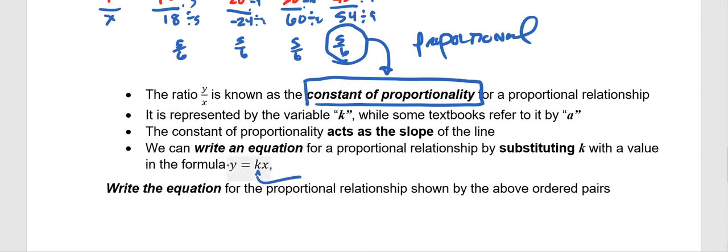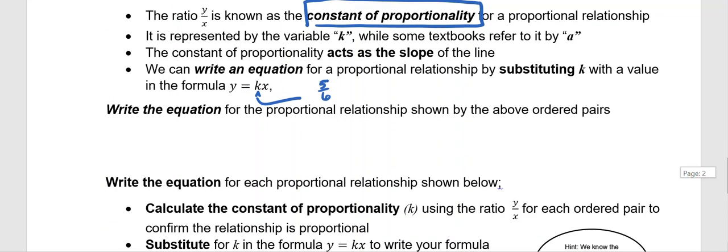So the equation for proportionality is y equals some value of k times x. So if I know what k is, and from above I determined that I was proportional, I know that k is 5/6, that's the missing piece that I need to write my equation.